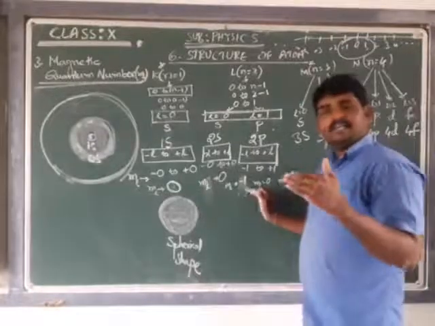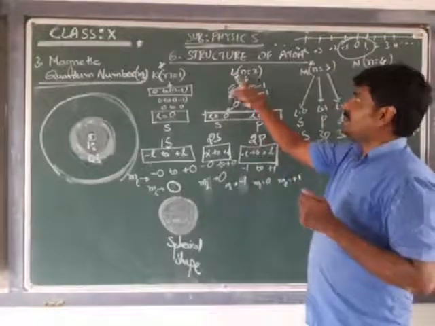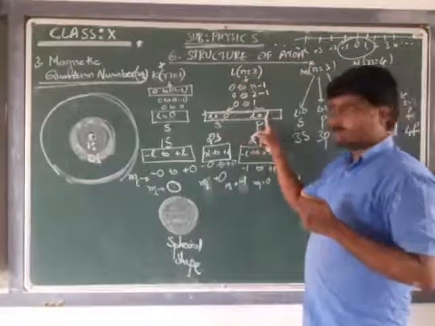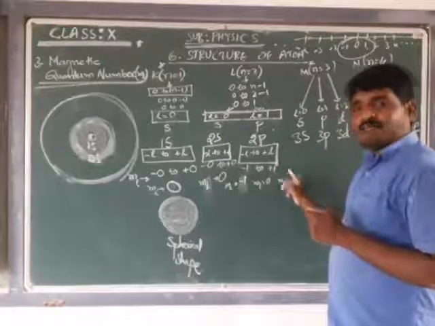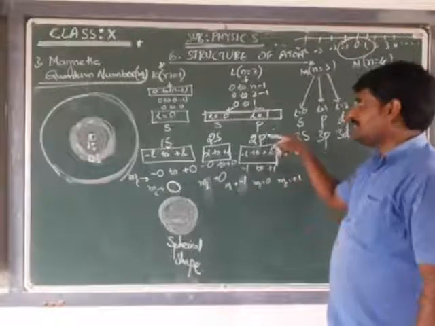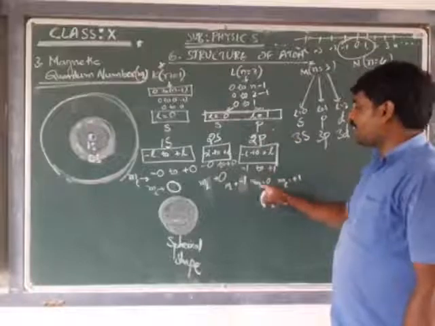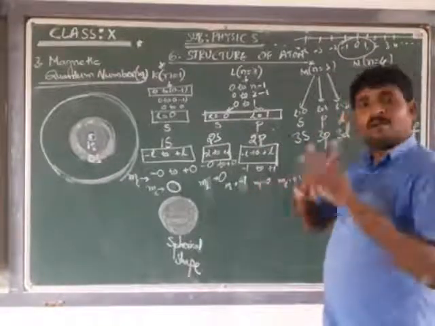Till now we discussed that for the second shell, I have two subshells, S and P. For the P subshell, while calculating the orientations, I came to know that it is oriented in 3 orientations, or in the form of 3 orbitals.